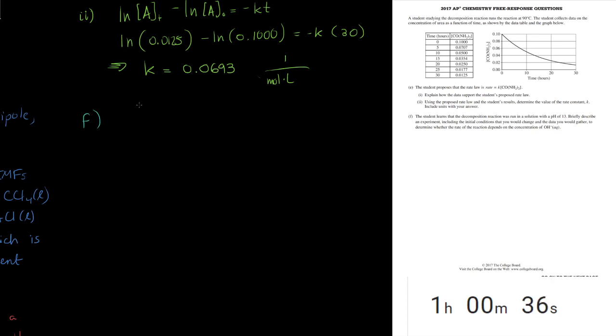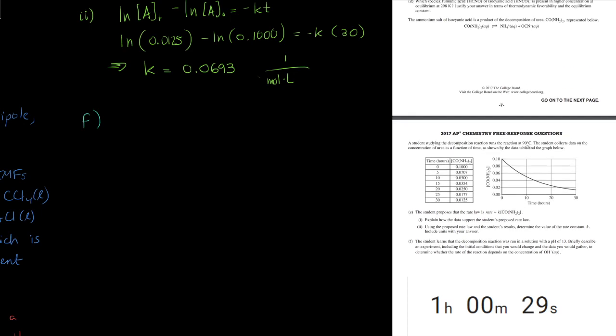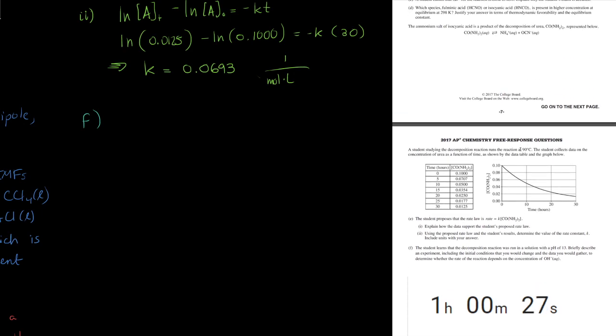So, pH 13. Okay, let's actually scroll back up to get here. Oh, it's a pity we can't have them both on the screen. So I'll just write it down. CO(NH2)2 is going to go like this with NH4+ and OCN-.